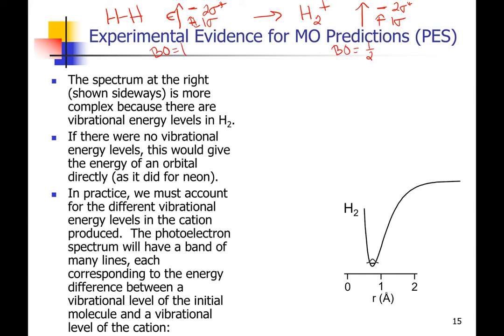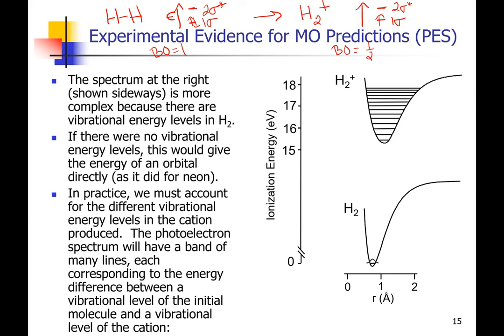So my potential energy curve has gotten broader, and you can see that here. You can see that we had a sharper curve when my bond order was 1, and now we have a more flattened out curve now that the bond order is a half. So we've changed the shape of the potential energy curve.